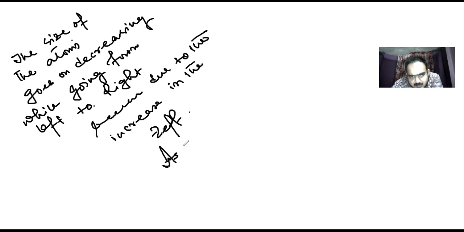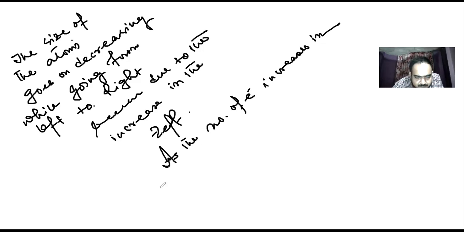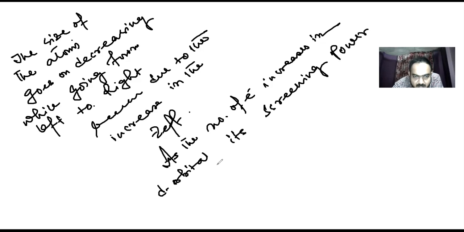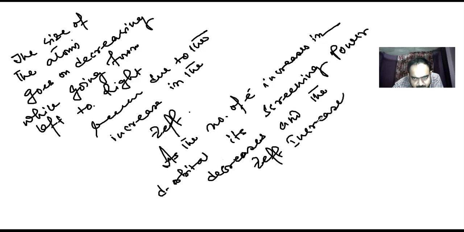As the number of electrons increases in the d orbital, its screening power decreases and the Z effective increases. So the size decreases. This is called the transition contraction.